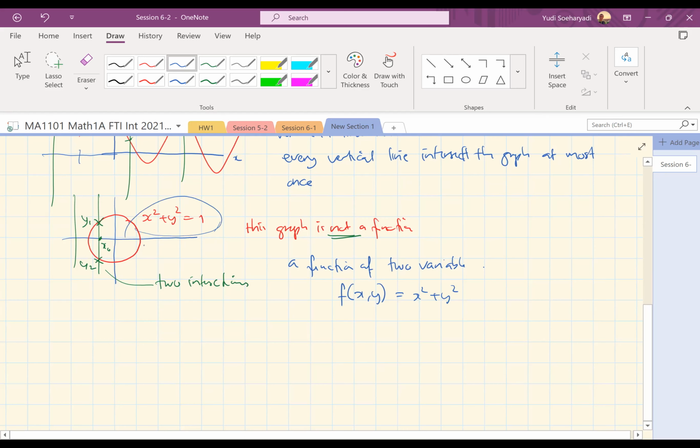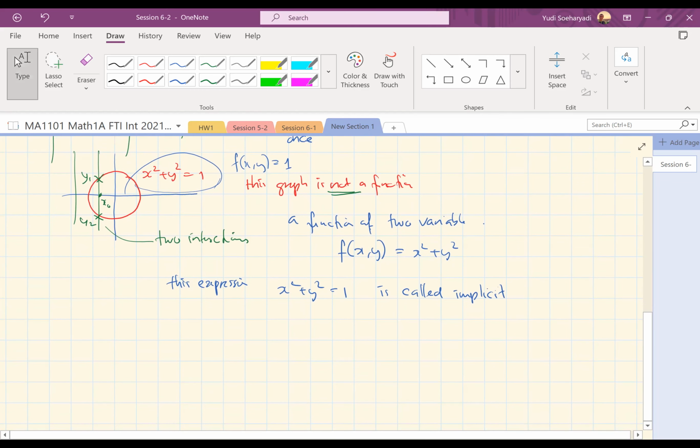This graph is a function of two variables, so it is f(x, y) equals 1, but with two variables. And so this expression is called implicit. What is implicit of what, relative to what? So this is implicit.